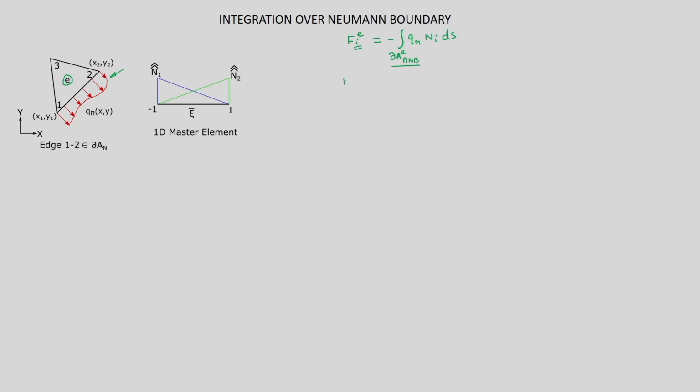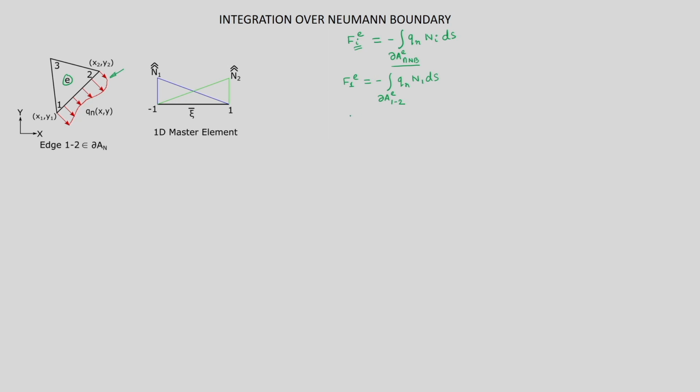So, now if I write F1E, what is F1E? F1E is minus the integration over the side of ∂AE along 1 2 of Qn times N1 ds. So, this is the first entry in the element force vector contributed by the Neumann boundary.